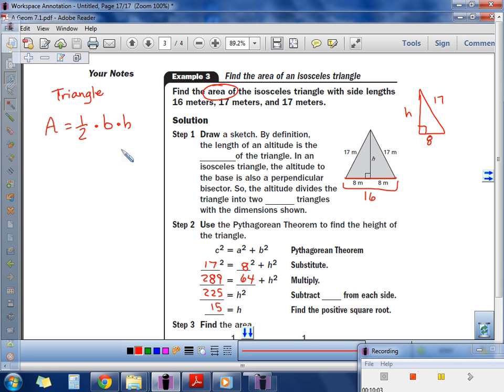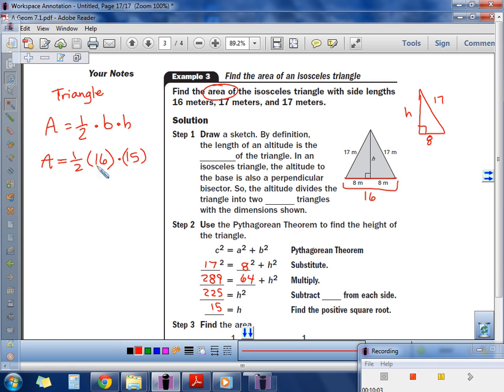So here we go. We're going to substitute in. How long is our base? Okay, so we're not thinking about just this. We're thinking about the whole thing. And its total base we already labeled, and we were given that. It's 16. Good. And then its height, we just solved for it. It was 15. So here we go.